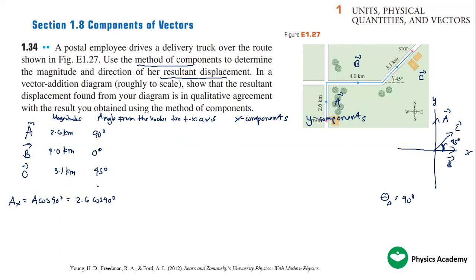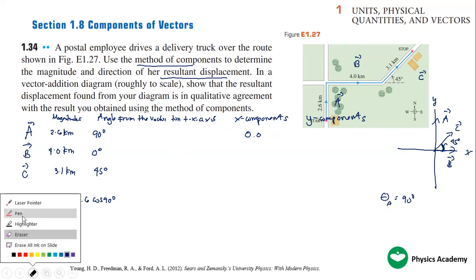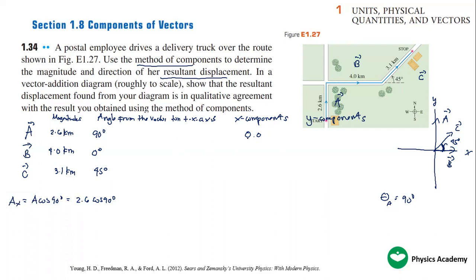That gives us 0.0 kilometers, because it has no x component. For Ay, we have A sine of 90 degrees, so 2.6 sine of 90.